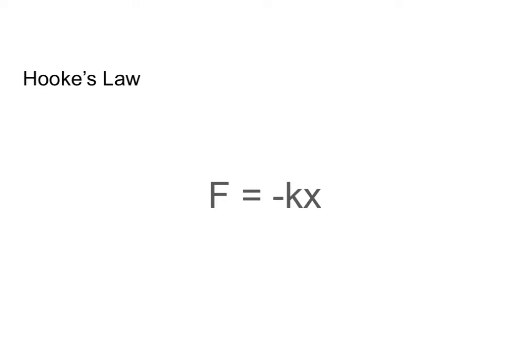So Hooke's law says that the spring force is directly related to the amount to which the spring either extends or contracts. So that F here is going to be the spring force, and x is going to be how much the spring expands or contracts. So how far it is from its equilibrium position, its normal length.